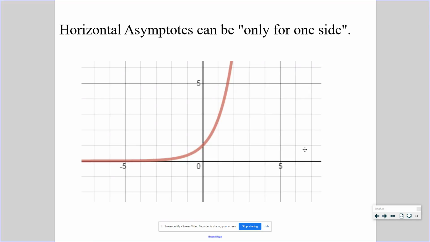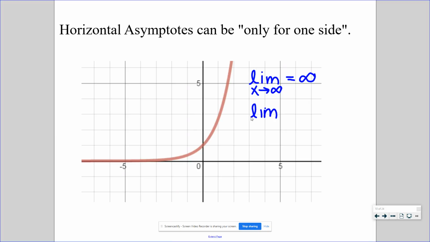Okay. You could have a situation where you have a horizontal asymptote, but it only occurs on half of the graph. So in this case, if I said take the limit as x approaches infinity, that's the positive side, or the right side, I should say, you're actually going to get infinity. So that's not going to be an asymptote following the asymptote definition on this right side because it's going up forever.